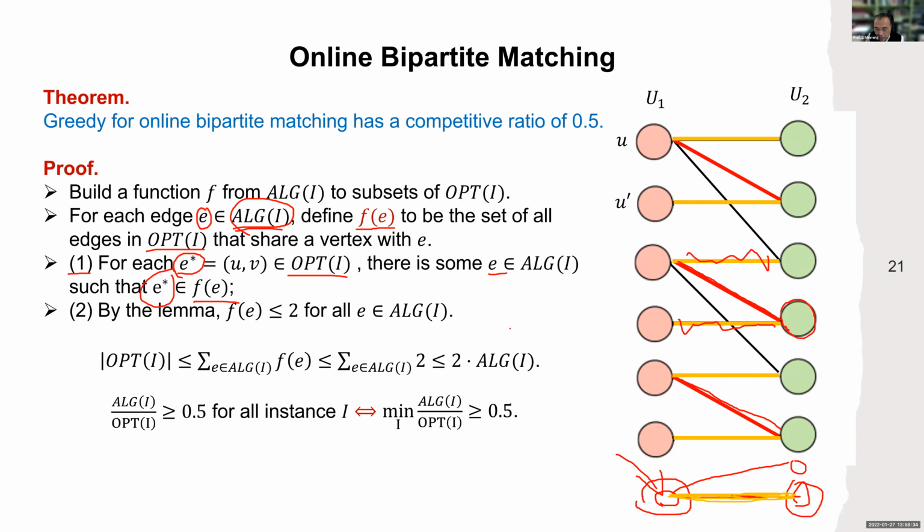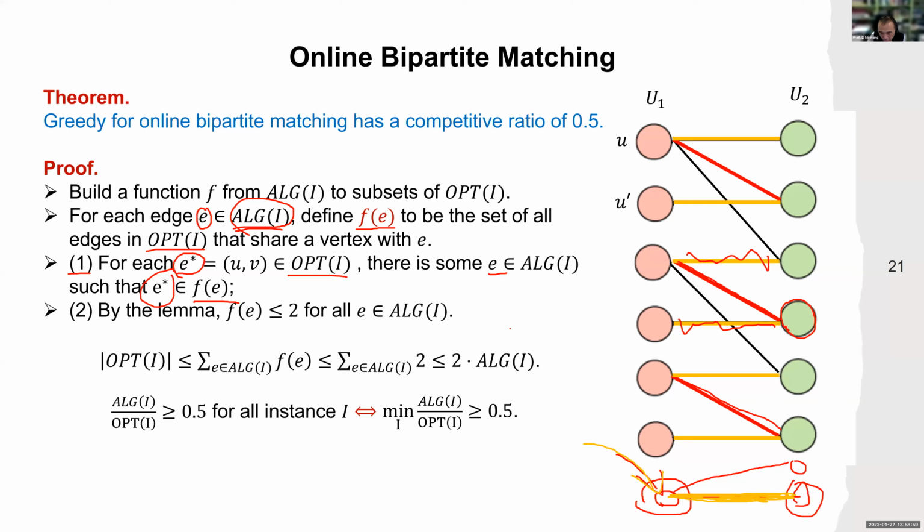So I'm proving by contradiction. Suppose there's one edge in the optimal solution which does not connect to any red edge. In other words, there's no red edge here. Then I'm asking you, when my algorithm sees this node, what can it do?